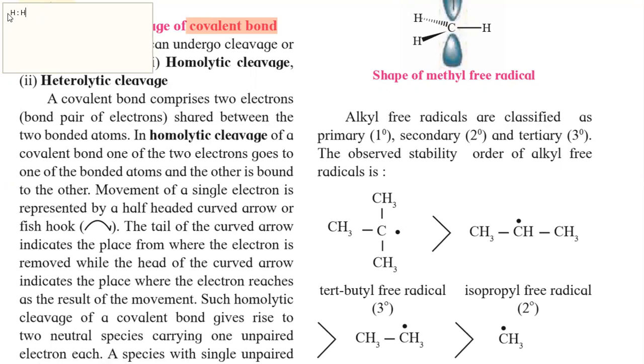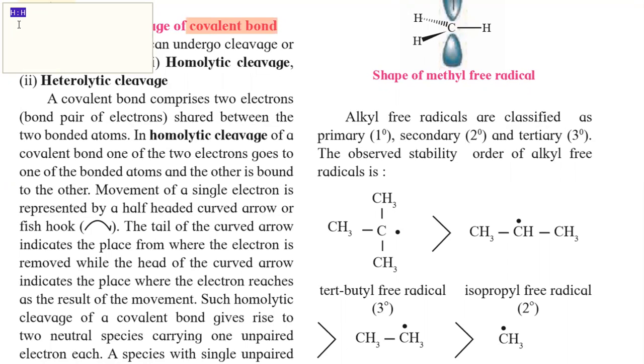So see that here is one hydrogen atom, and in between these two hydrogen atoms there are two dots. These two dots indicate the two electrons present between two hydrogen atoms.